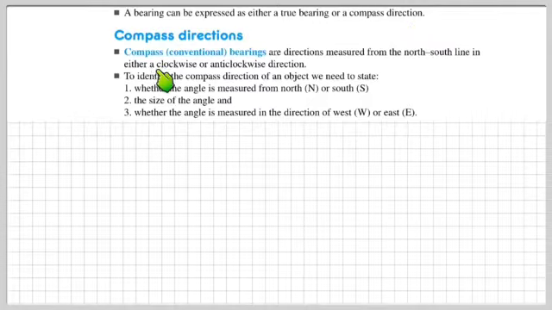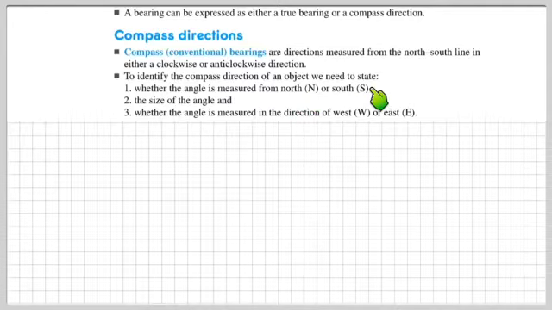Now, compass directions. A compass direction, basically, is a direction measured from the north or the south line in either a clockwise or an anti-clockwise direction. In order to identify a compass direction of an object, we need to state firstly whether the angle we're measuring is from a north line or from a south line.